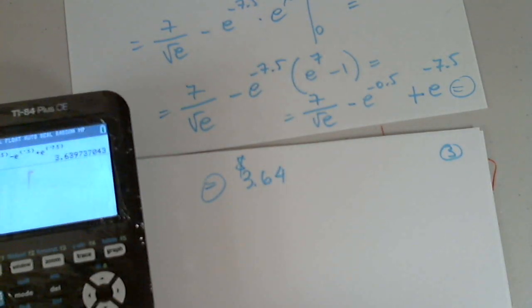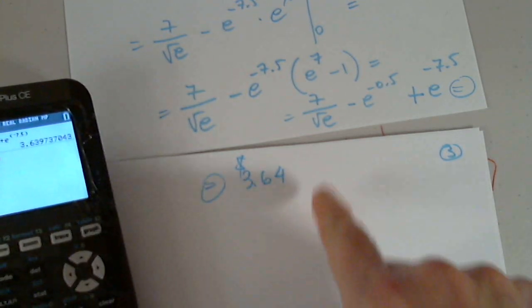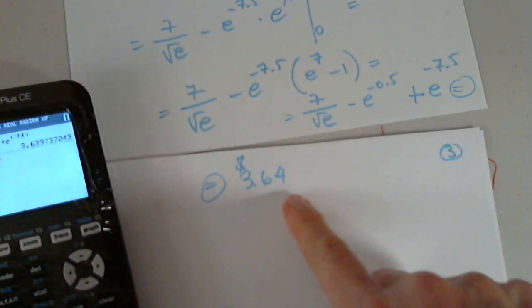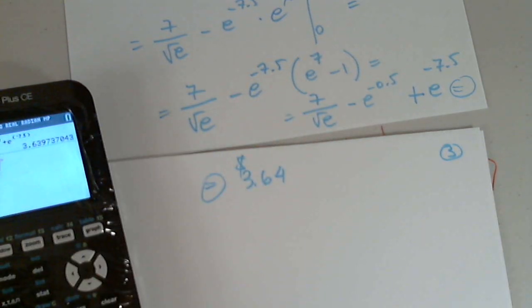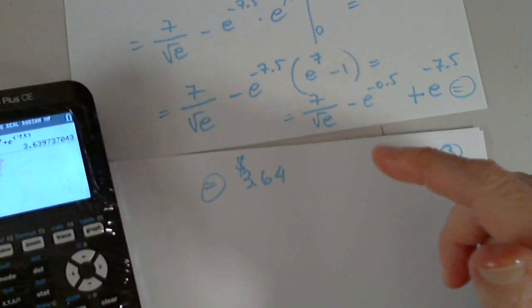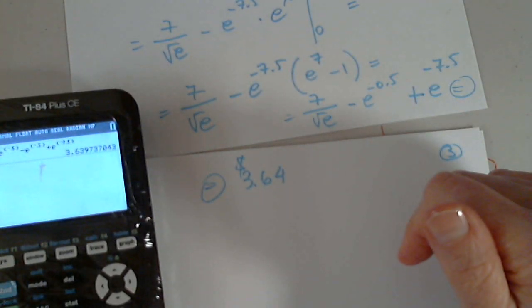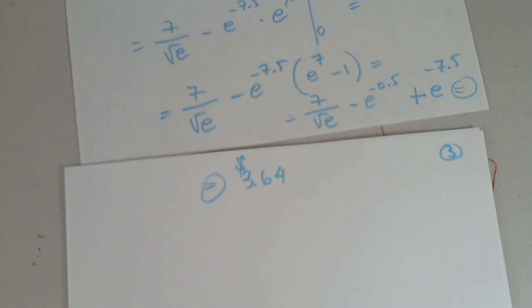I'm going to look at my numbers one more time. Negative e to negative 7.5, that's okay. E to the 7th minus 1. It went through, okay, then I don't have to check my numbers. Yeah, I always like to check my numbers.